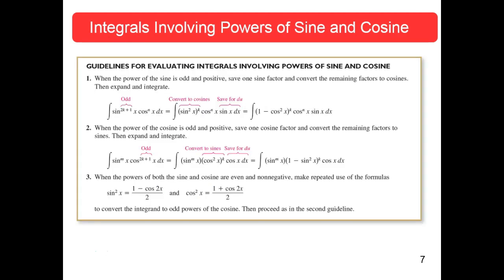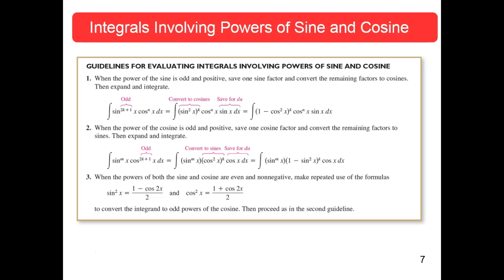All right. Now, here are the guidelines for evaluating integrals involving powers of sines and cosines. This seems almost mind-boggling to try to keep up with, but actually it's pretty straightforward. When the power of the sine is odd and positive, save one sine factor and convert the remaining to cosines.